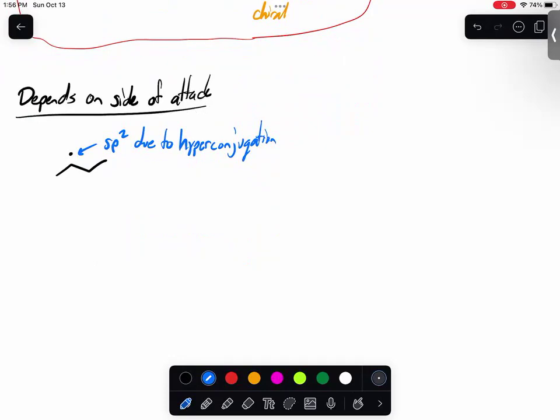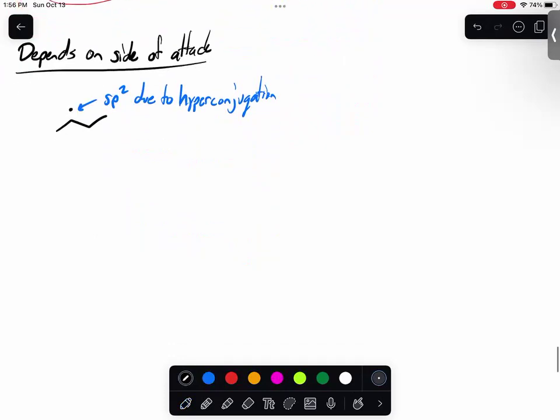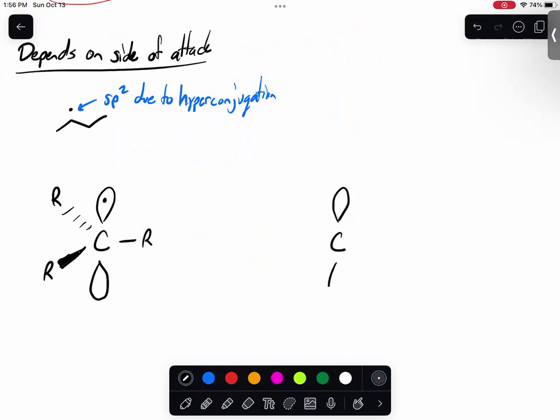So if we were to draw this out, we would see the carbon sitting here with a p orbital facing up and down, and we have these three other groups attached to it. I'm just going to label them as R right now because it doesn't make a difference which group is which. And the radical could be residing above, or it could be residing below on the bottom side of the p orbital.